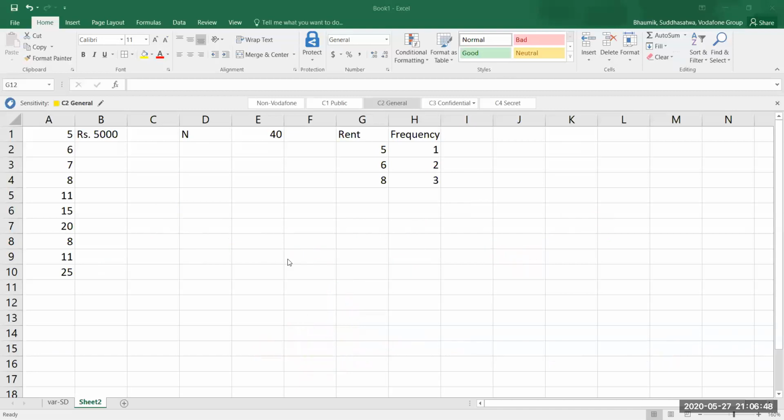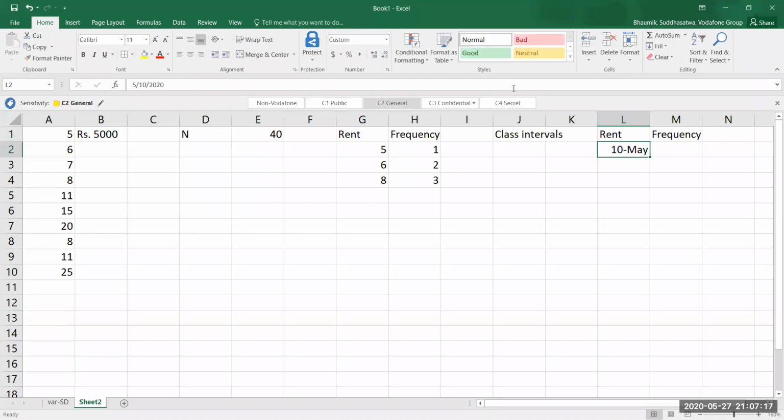we can consider a concept known as class intervals. What a class interval means is, let's say I have a rent and I have the frequency. Rather than taking each and every value of rent, I'm going to say, what is the frequency where the rent is between 5,000 and 10,000?